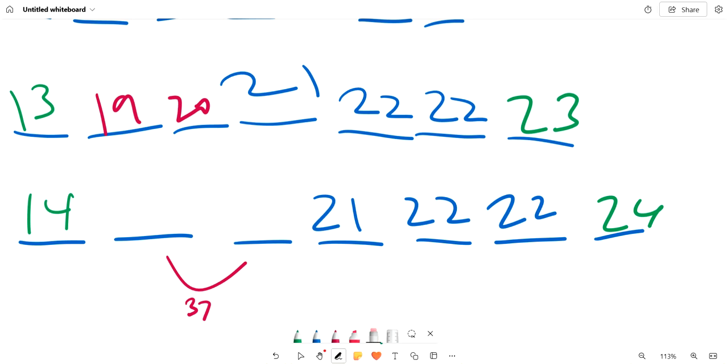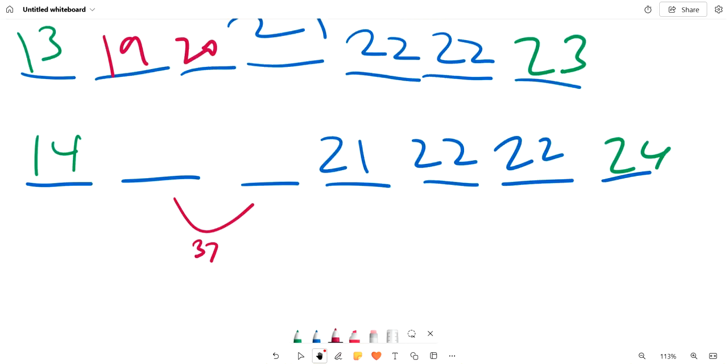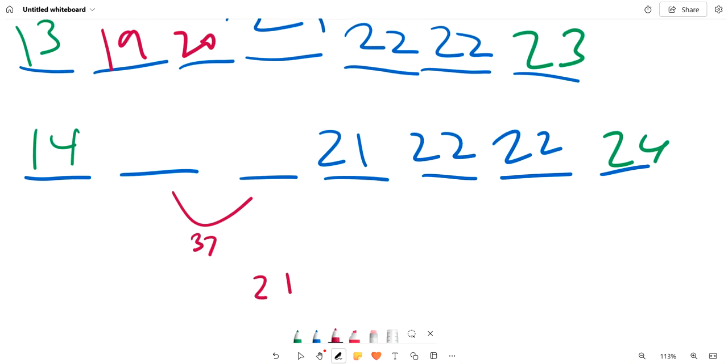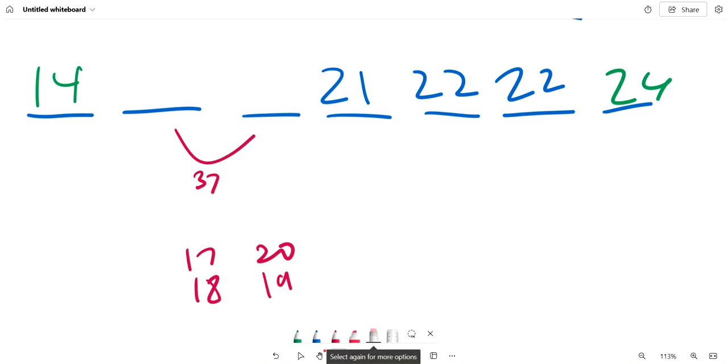So because the last two sum to 39, these two sum to 37. And so the possible cases are 21 and 16, 17 and 20, 18 and 19, and that's it. So we already know that we can't have a 21 because then we'd have two 21s. And the rest of these work.